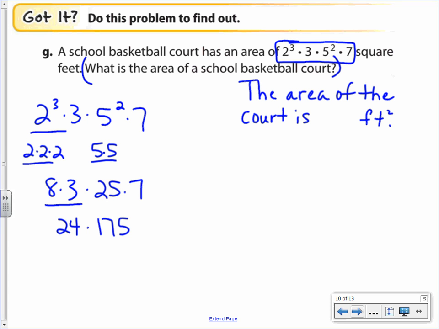And now all I have to do is multiply those two numbers. 24 times 175 is 4,200. Again, only using my calculator at the end when I need it.